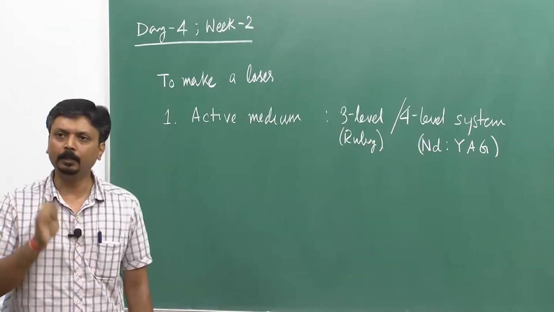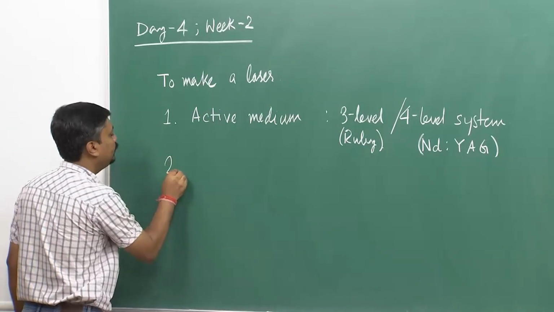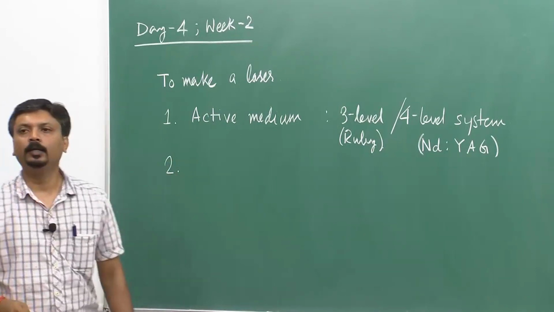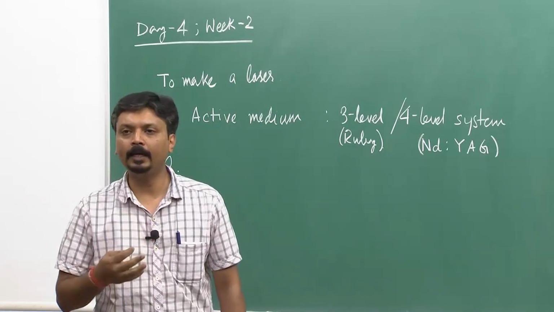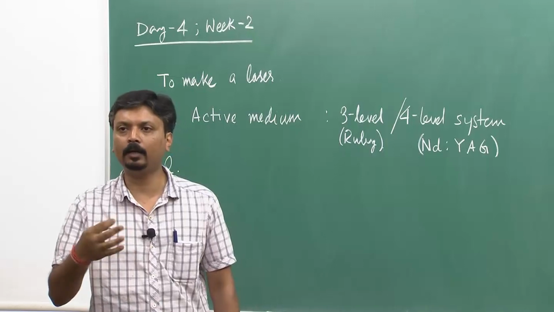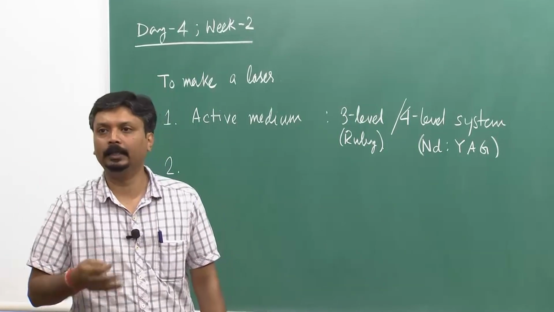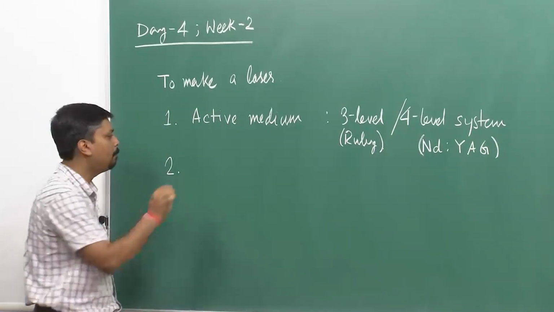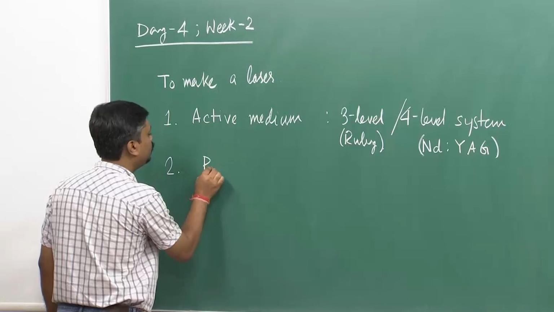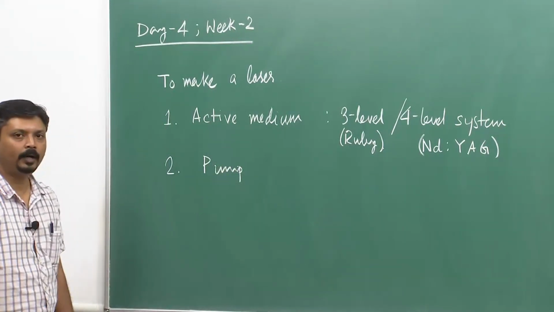So, this is the most important thing to choose first, and the second is the source of light that will excite the atoms to a higher excited state. From there it will lase. Okay. So, we said that this is known as pump. So, we need to have a pump, all right.